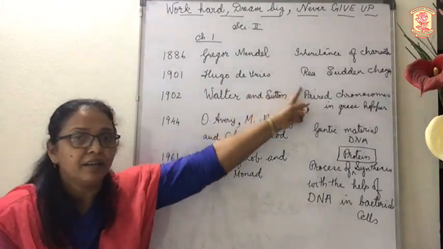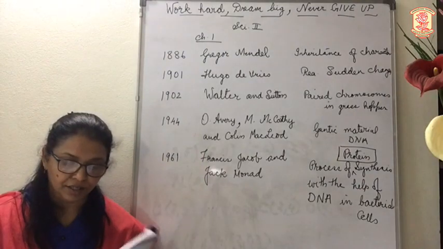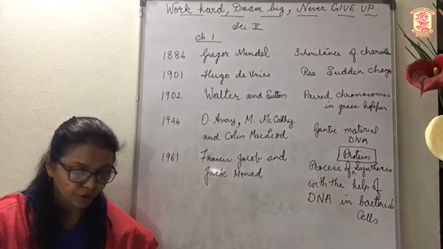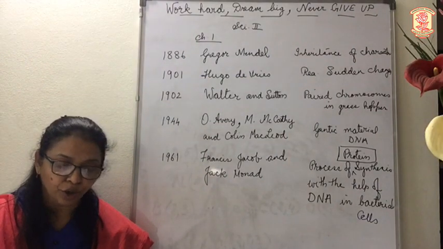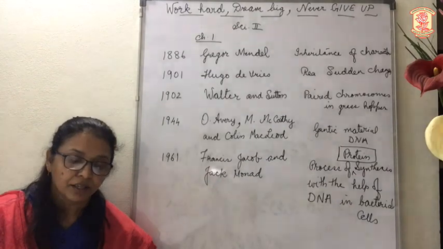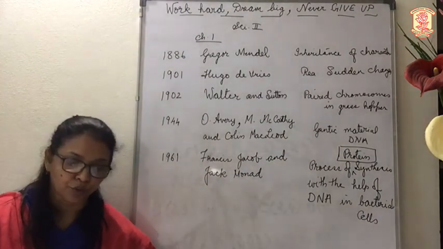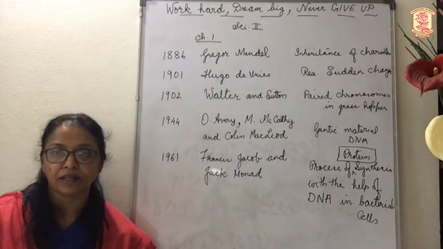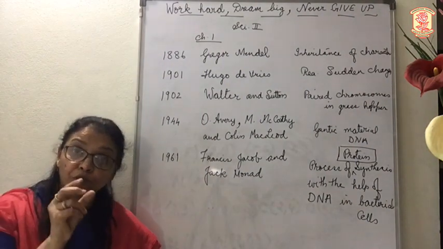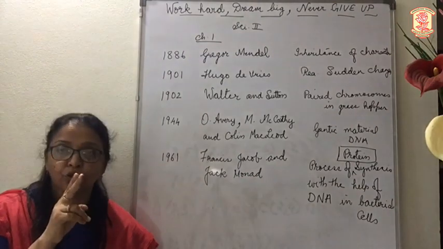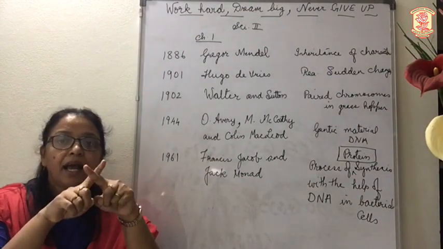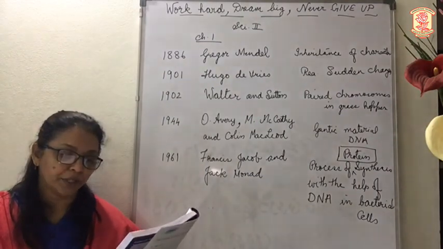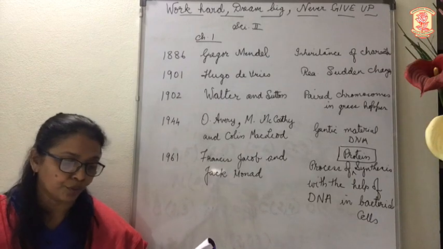Then in 1902, Walter and Sutton, their study topic was chromosomes, and the discovery was paired chromosomes in grasshopper cells. They found that chromosomes are actually paired, and they discovered these paired chromosomes in grasshopper cells. That is in 1902.